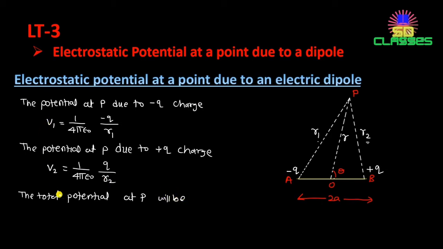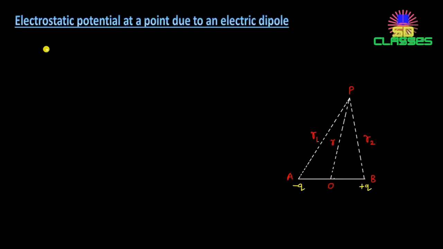The sum of V1 and V2, right? So V will be V1 plus V2. So you can put the values of V1 and V2 here. V equals, in place of V1 I will put 1 by 4 pi epsilon, minus q by r1, and in place of V2 I will put 1 by 4 pi epsilon, plus q by r2.